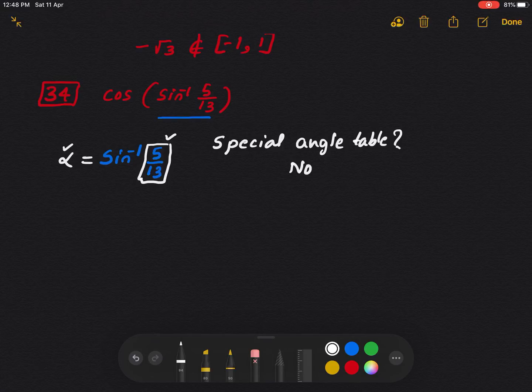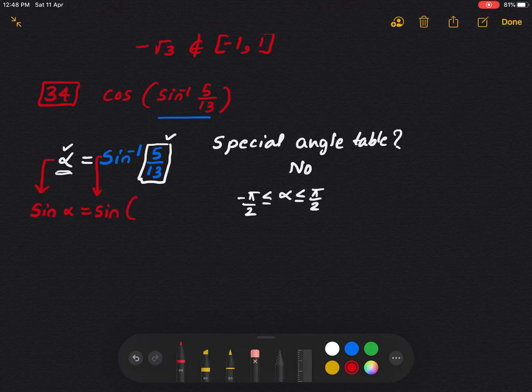Here you have a value and you need to find the angle. You know the fact that alpha should be less than or equal to pi over 2 and greater than or equal to minus pi over 2. We did the same kind of problem. Just apply sine on both sides. So, sine alpha equals sine of sine inverse of 5 over 13.